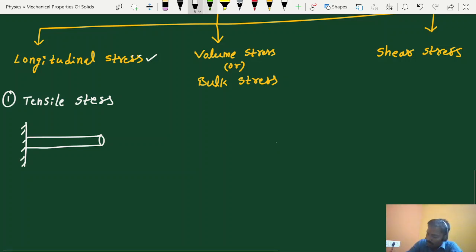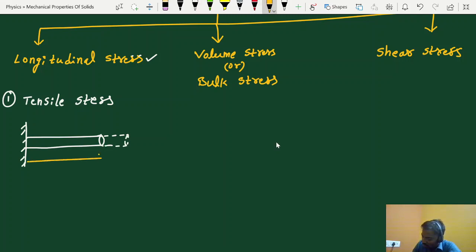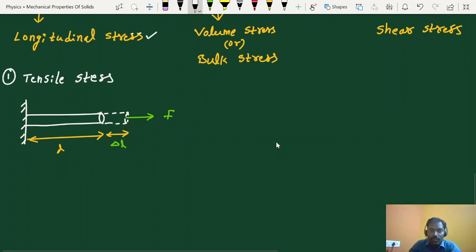Now, if the longitudinal stress is due to increase in length, say this is the original length of the rod, and due to this force, the length of the rod increases, the stress due to increase in length is known as tensile stress.